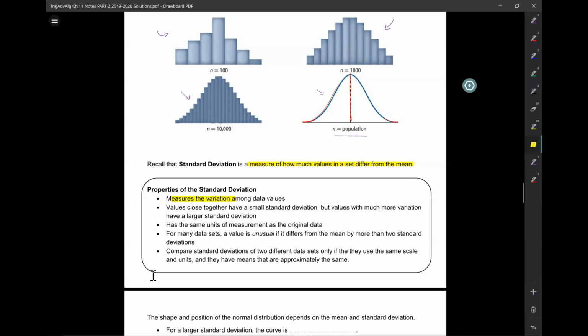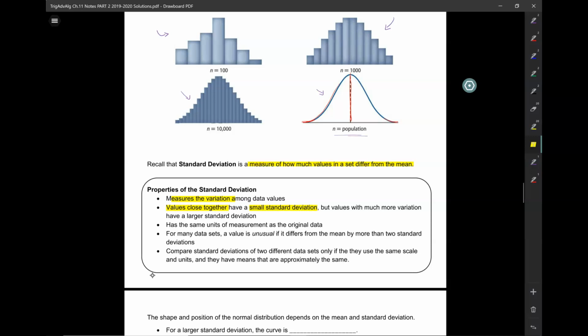If values are very, very close together, they have a small standard deviation, but values with more variation will have a larger standard deviation. So if the average on a test was an 83, and all the scores ranged from, let's say, 80 to 87, all the scores are close to the 83, there is a small standard deviation.